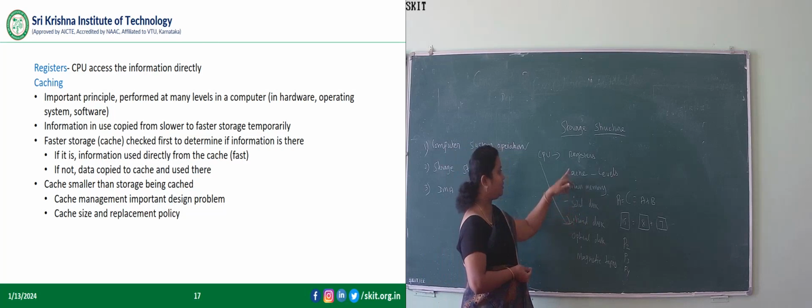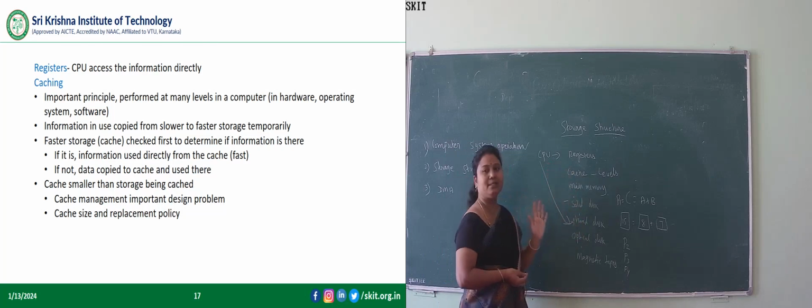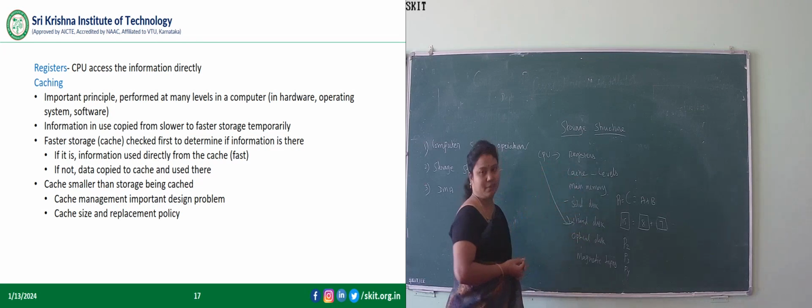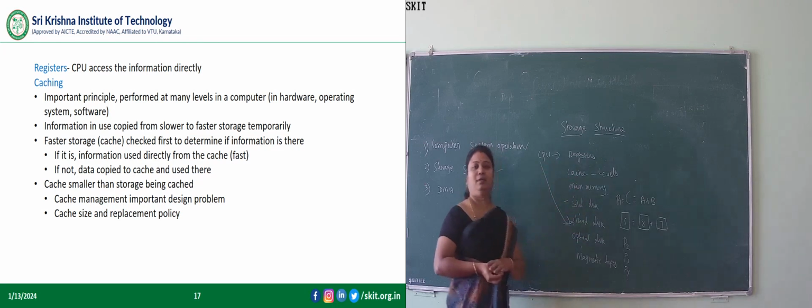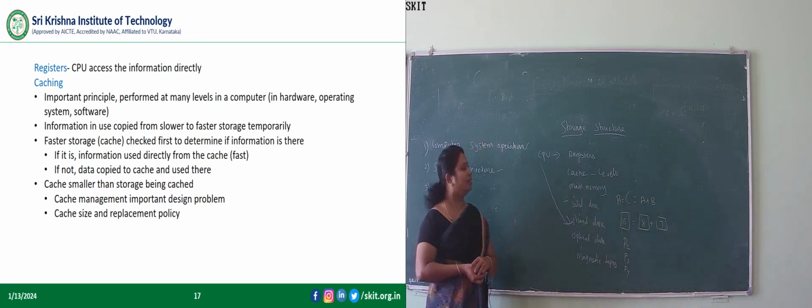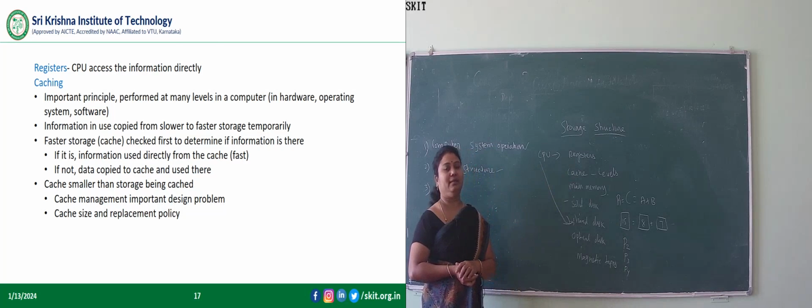For example, which data we have to bring to the cache memory, which data we have to send back to the hard disk, and how we have to update the caches. If you make any changes in the hard disk data, that should be reflected in the cache memory also. Different mechanisms and replacement policies are there to handle the cache memory storage. We will discuss that later in detail.